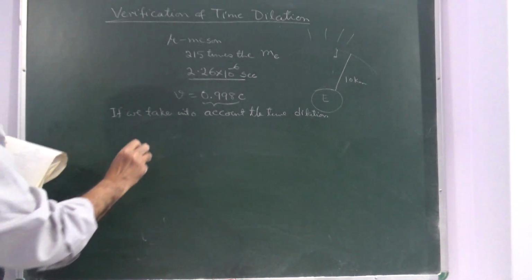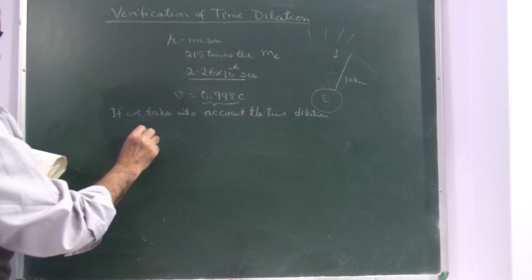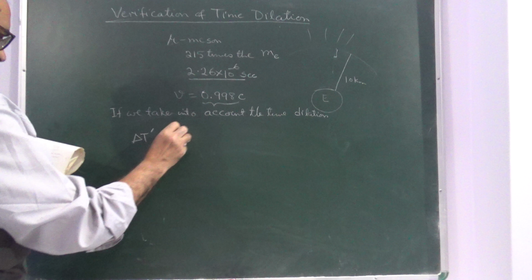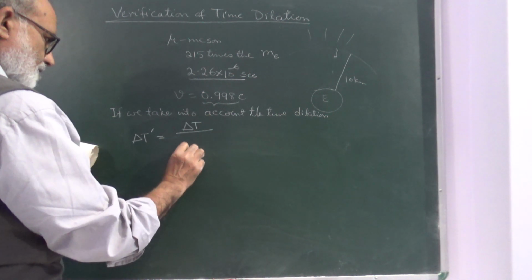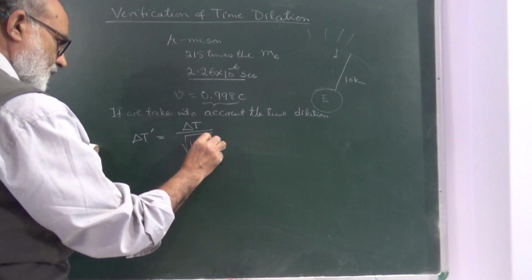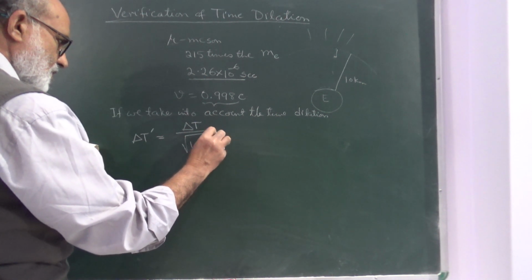So delta t dash will be delta t divided by the square root of 1 minus v square by c square.